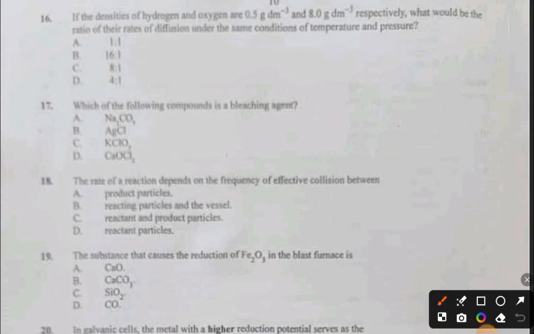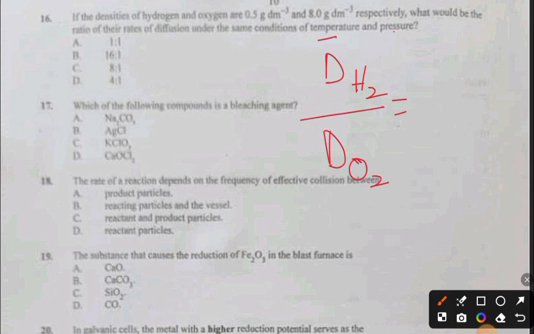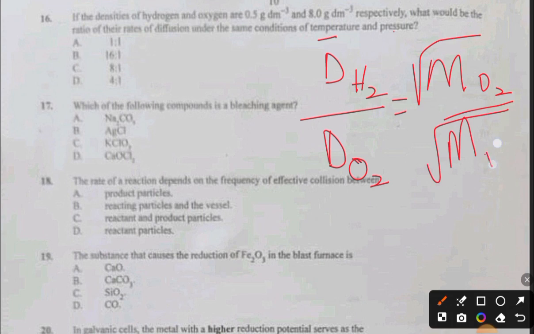Question 16. If the densities of hydrogen and oxygen are 0.5 gram per dm cube and 8 gram per dm cube respectively, what would be the ratio of their rate of diffusion under the same conditions of temperature and pressure? So the rate of diffusion of H2 over the rate of diffusion of O2 equals square root of mass of O2 over square root of mass of H2.